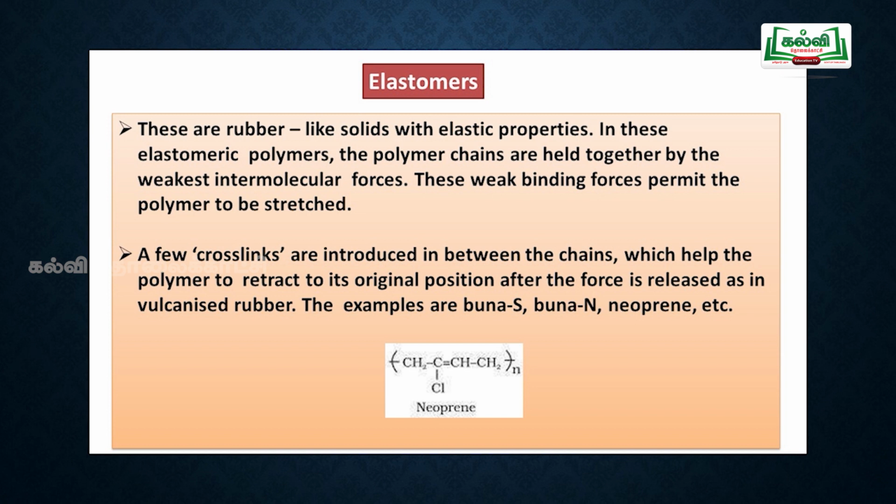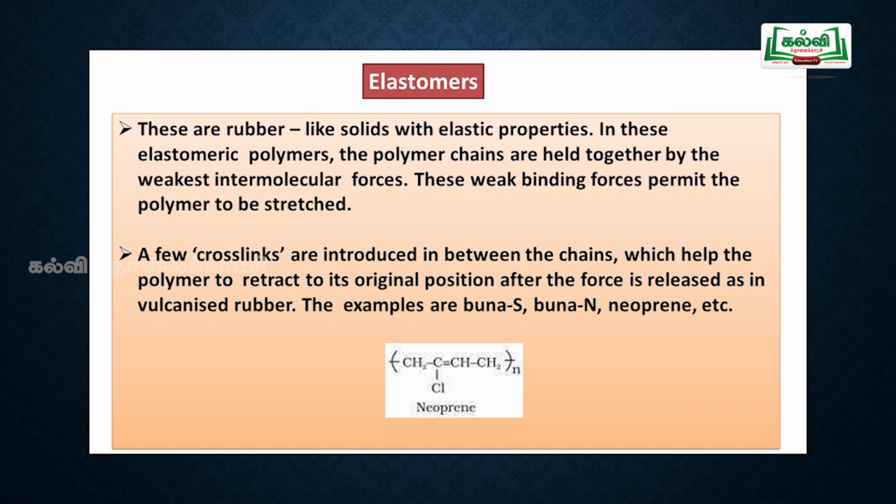There is a weak binding force between the polymer chains, so that they can be stretched, and there are few cross links between the chains, so that they retract to their original position when the force is released.